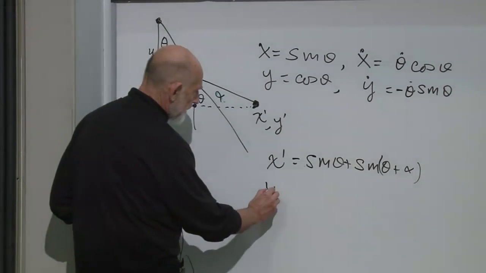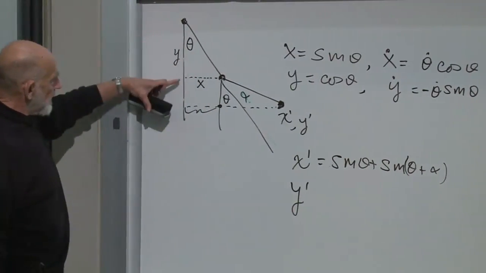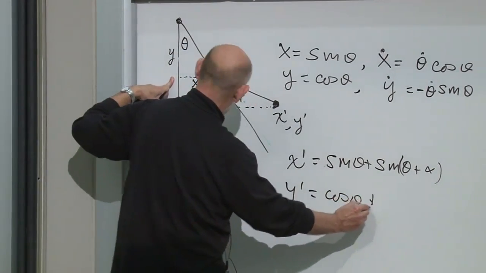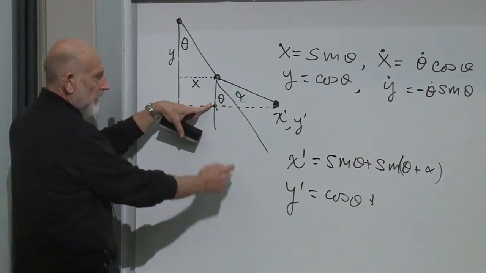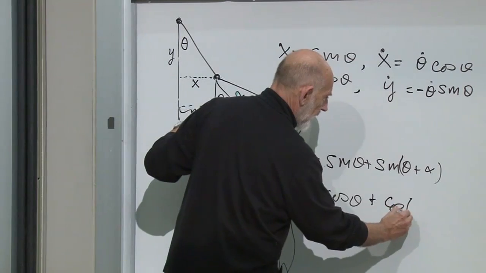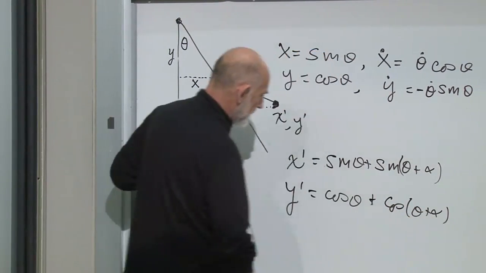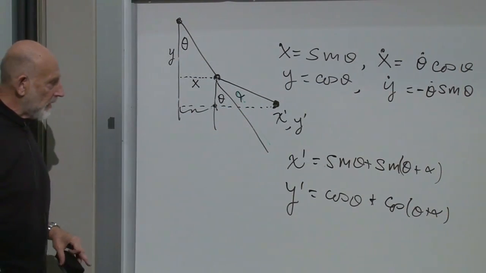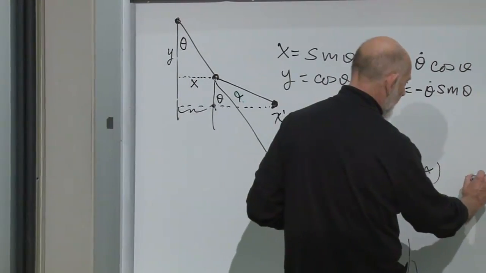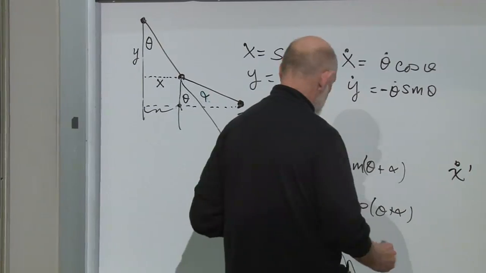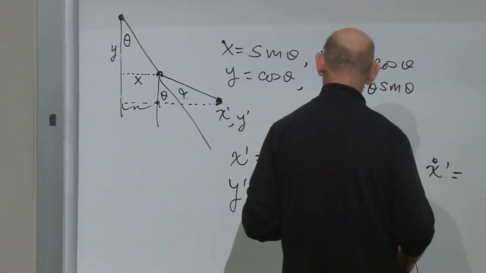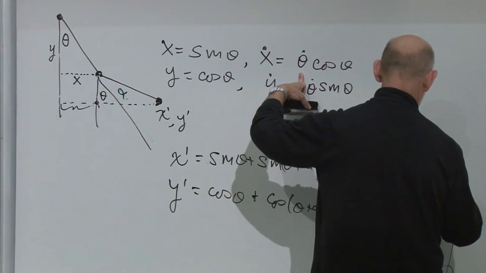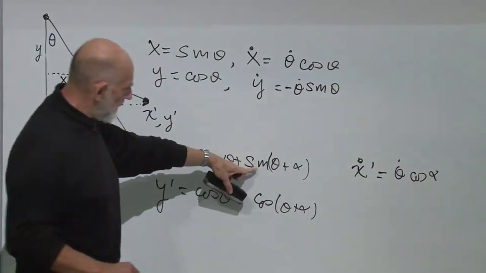What about y prime? Y prime is going to equal y, which is cosine theta, plus this bit over here, which is just going to be cosine of theta plus alpha. What about the velocity of this one here? We just differentiate with respect to time, and we find that x prime dot is equal to x dot, which is theta dot cosine theta, plus the time derivative of this.